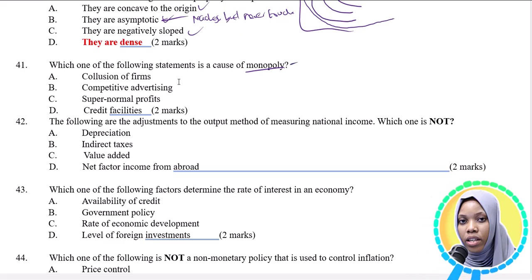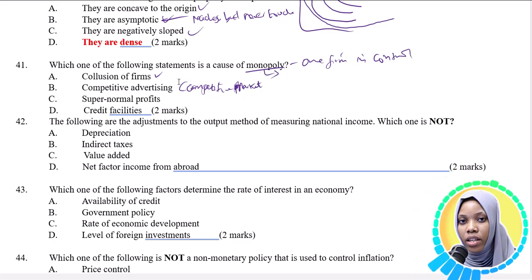So monopoly means one firm in control. That's a market structure where only one firm is in control. So does collusion of firms lead to monopoly? Yes, because there will be only one person providing the goods and services. Competitive advertising, this is a competitive market structure.